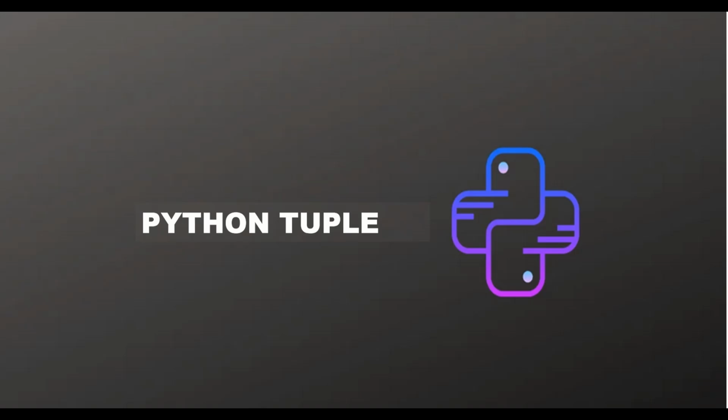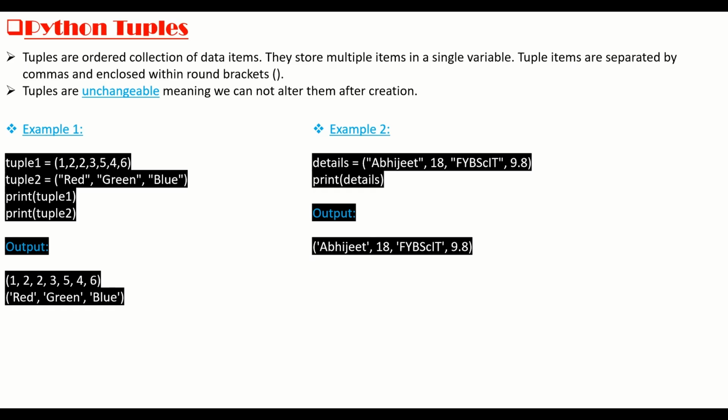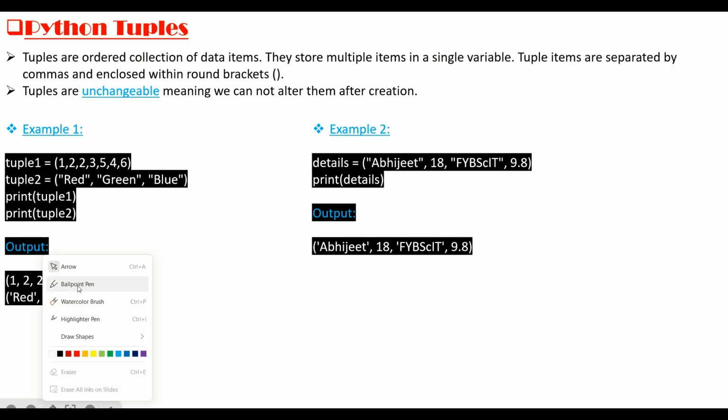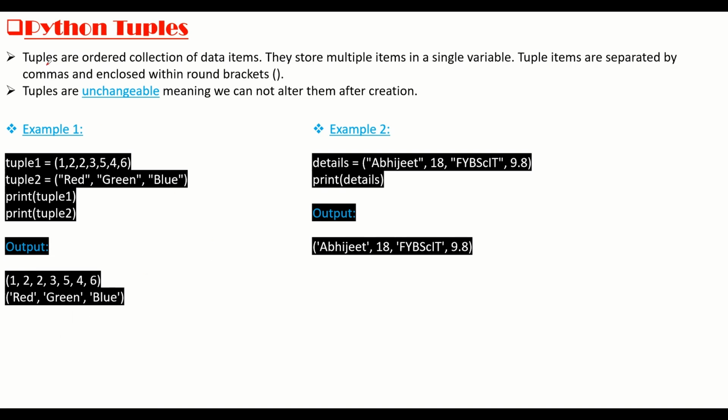So this is our tuple. Tuples are an ordered collection of items, but tuples are immutable, unchangeable. So unchangeable means this is a keyword, immutable.